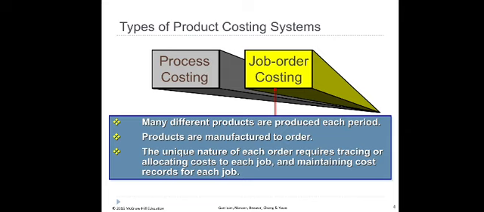The unique nature of each order requires tracking or allocating costs to each job and maintaining cost records for each job. So if a company produces unique product and only produces the product after receiving order from customer, then the company should use job order costing system. The company cannot use process costing system.